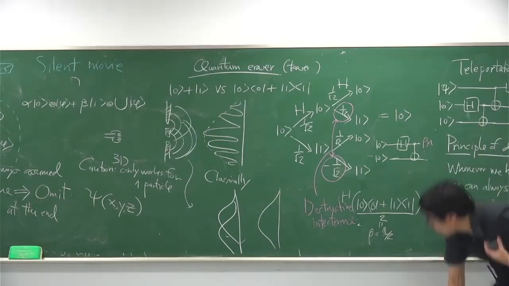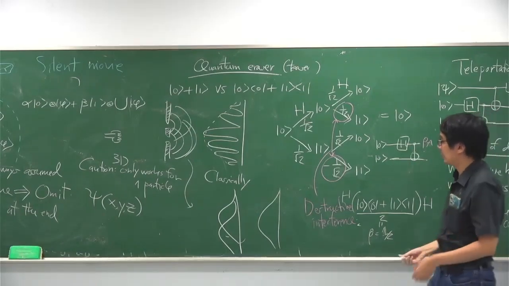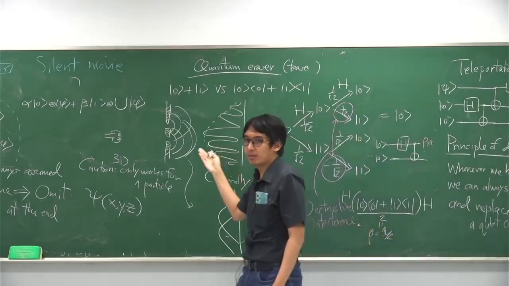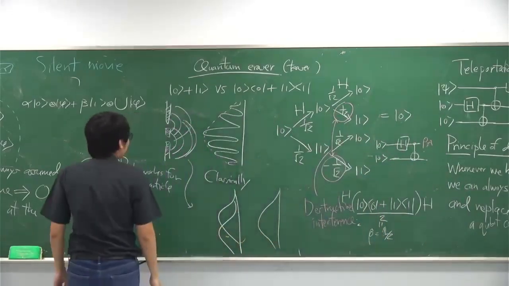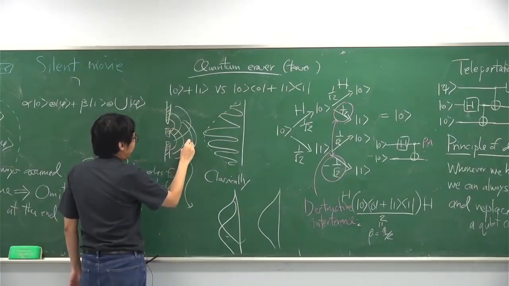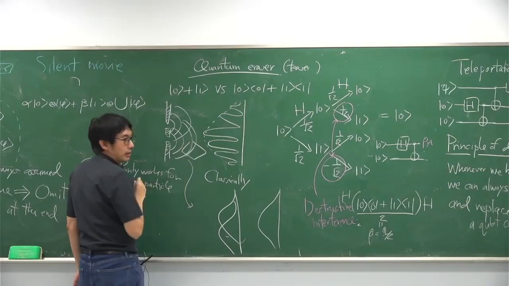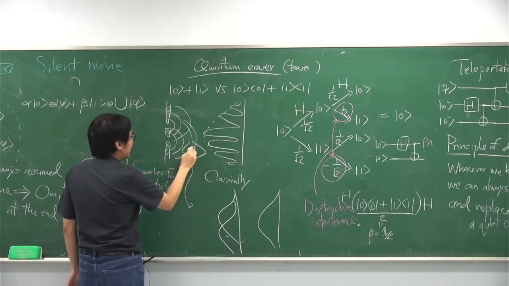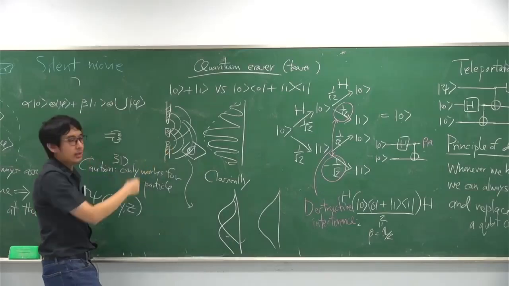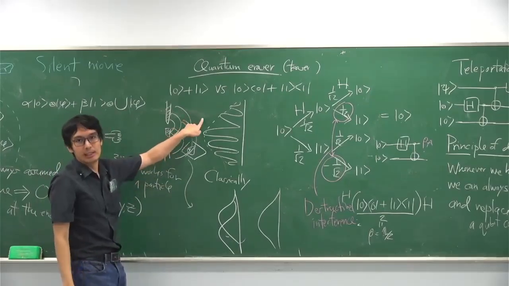This is the way you might have seen textbooks discuss the double slit experiment before, like in the Feynman lectures: if I put a detector here, an eye that can tell which slit the electron came from, then you also don't see interference.